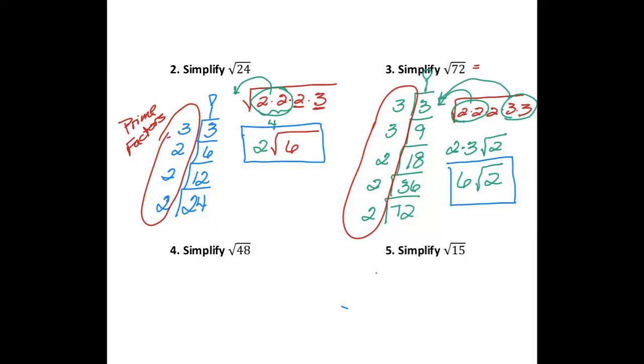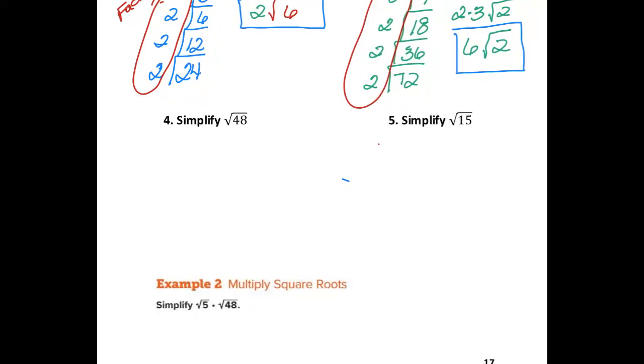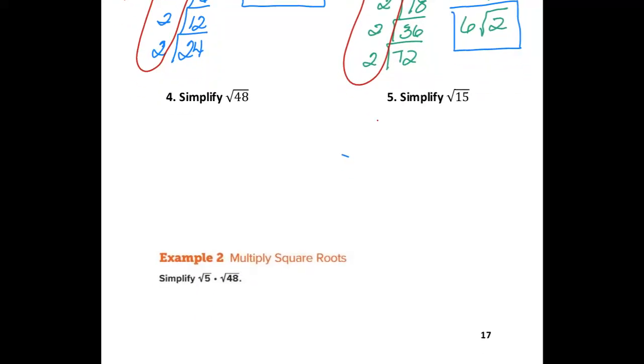All right, let's see if you can try number 4 on your own, the square root of 48. Use the cake method and see what you can get for the square root of 48.